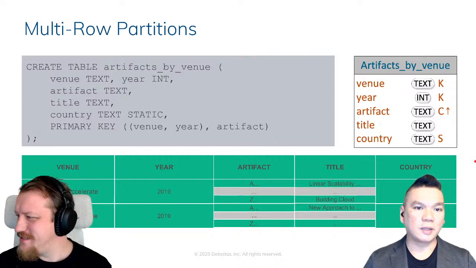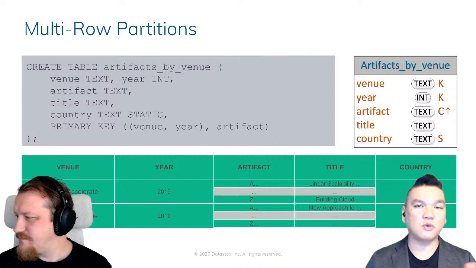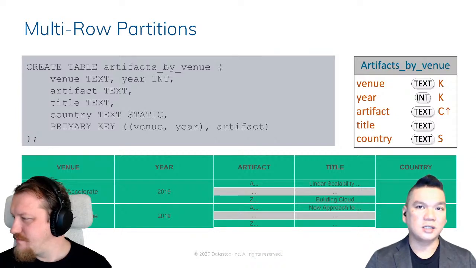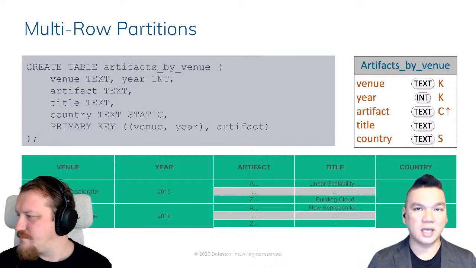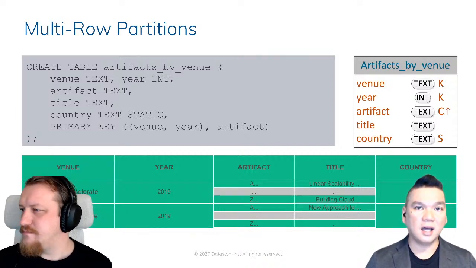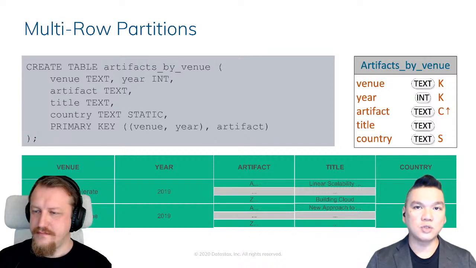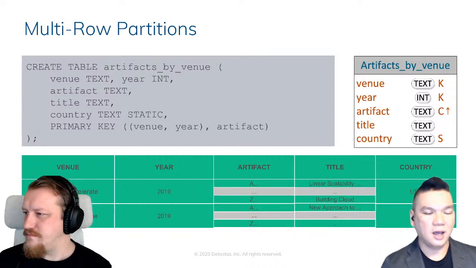Right. So in this instance, the country will always be the same for a venue that has lots of rows within the partition. And so it's set to static because it only gets set once, and it's the same for all the rows within a particular partition.